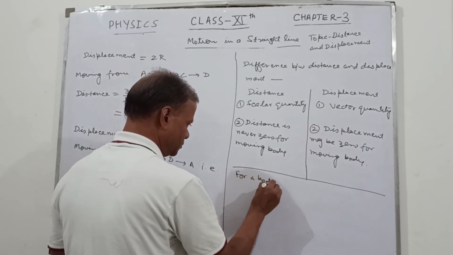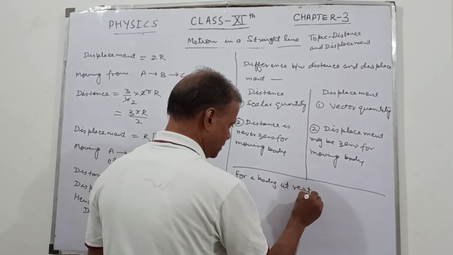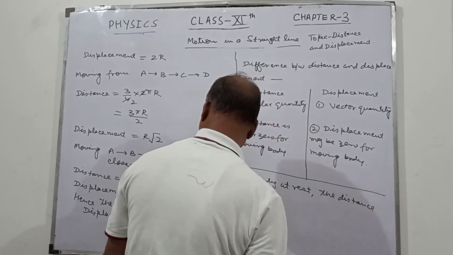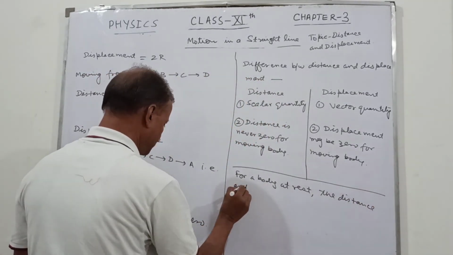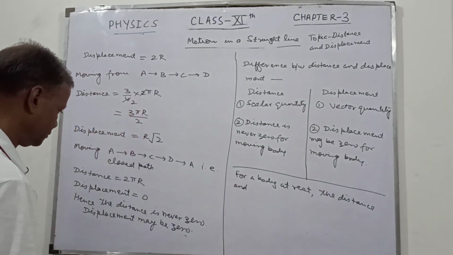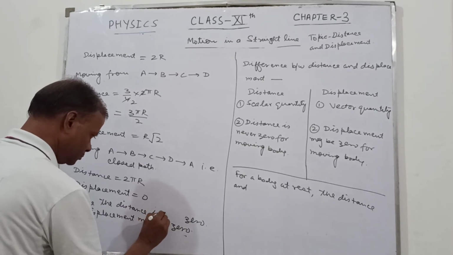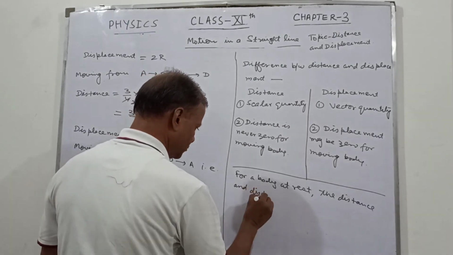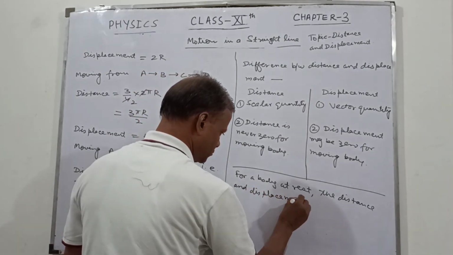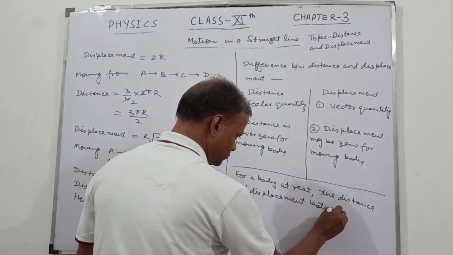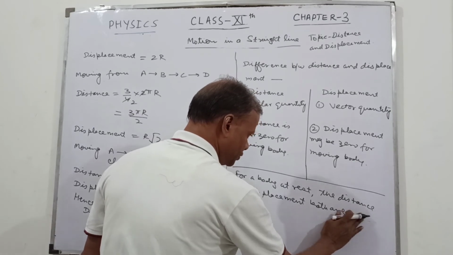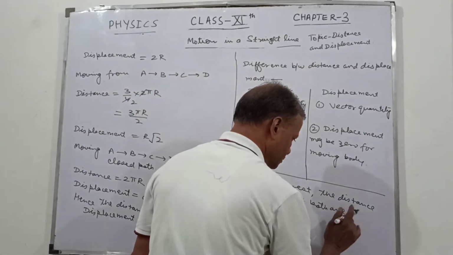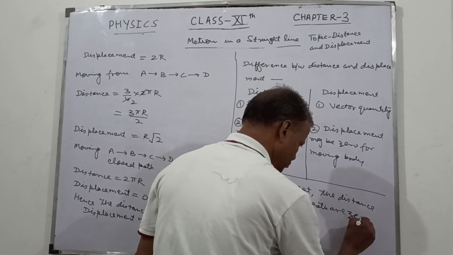For a body at rest, the distance and displacement both are 0.